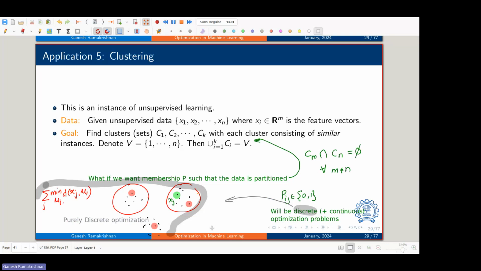So there is discrete Pij, that is either 0 or 1. But is it through and through discrete?